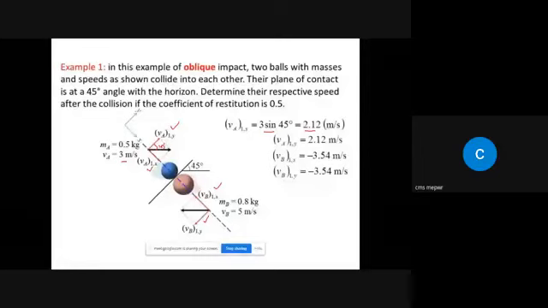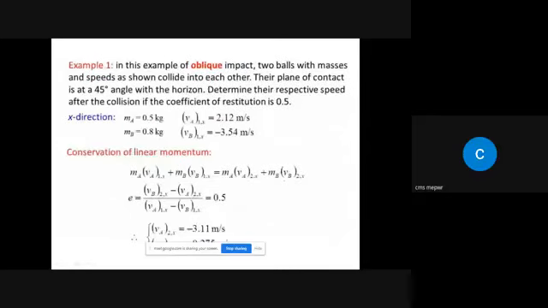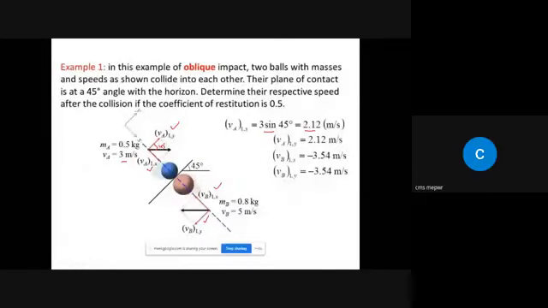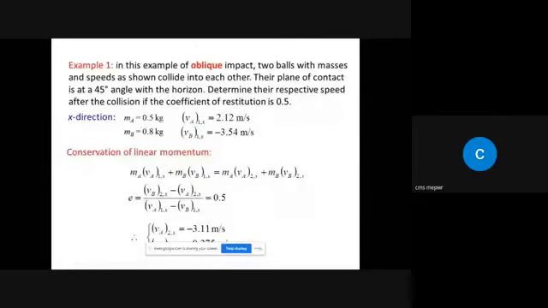So we have found the components of both velocities, VA1 and VB1, the x component as well as the y component. If you observe this diagram, the impact between the two particles is along the x-axis, so we can apply conservation of linear momentum along this axis.